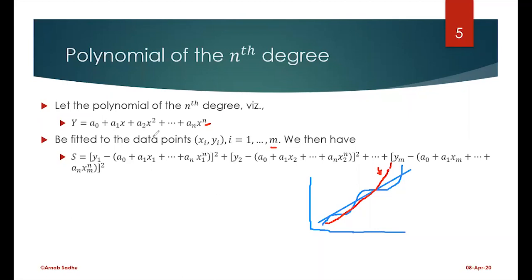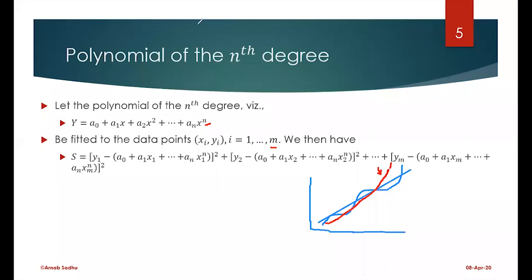Now this was for f(x1). What is the value for f(x2)? y2 minus a0 plus a1x2 up to an x2 to the power n. What is the value for xm? f(xm) will be ym minus a0 plus a1xm up to an xm to the power n, whole square. So this will be the fitted curve.